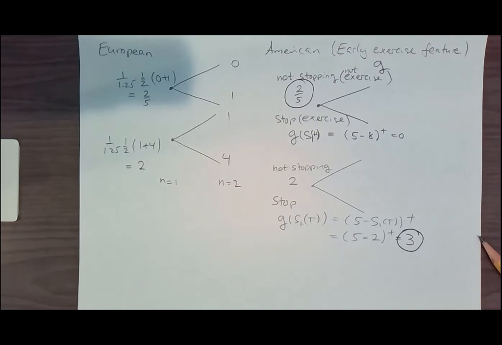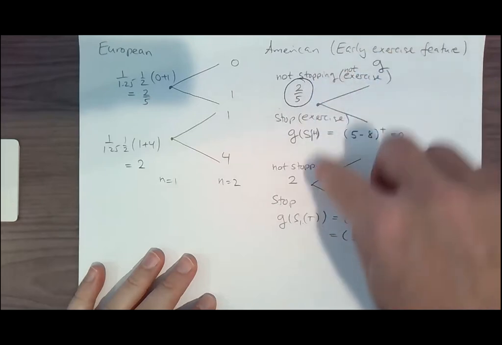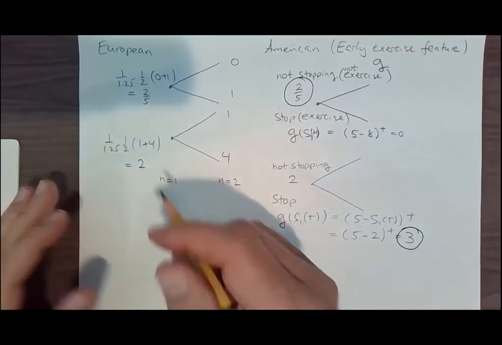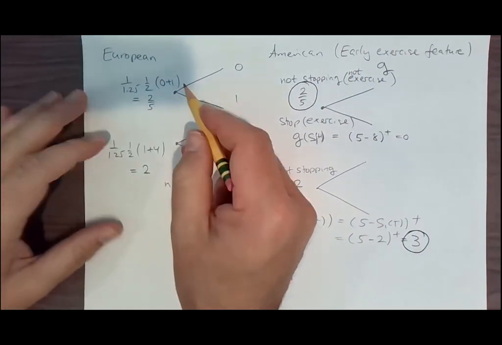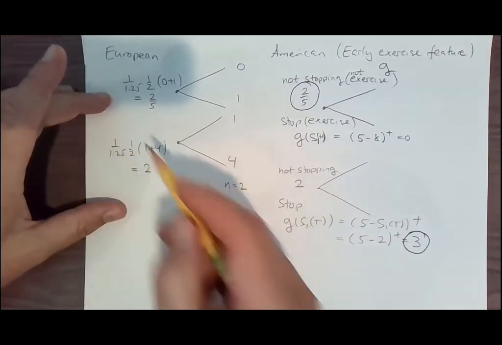So this was at time 2. Now this is at time 1. So to price the European, we will just move these two values, 2 over 5 and 2, to time 0.